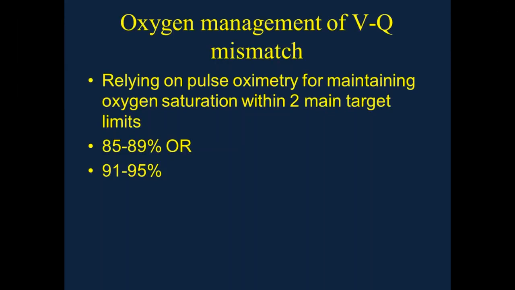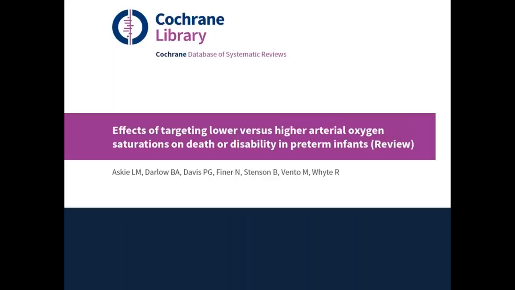These two target saturations were examined in multiple oxygen trials all over the world. And in the Cochrane review, they did not find any significant difference between the two target saturations. In the Canadian oxygen trial, they found no difference in mortality and more incidence of ROP with the high target saturation.